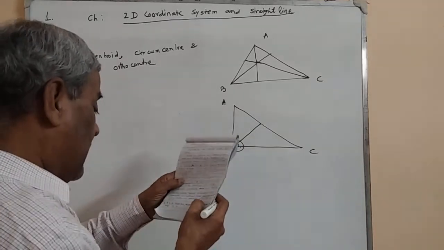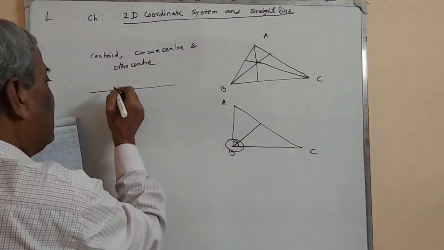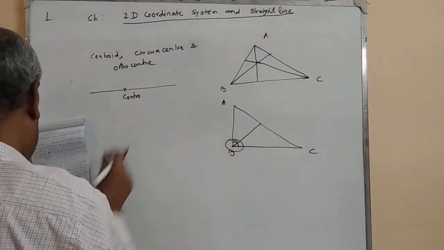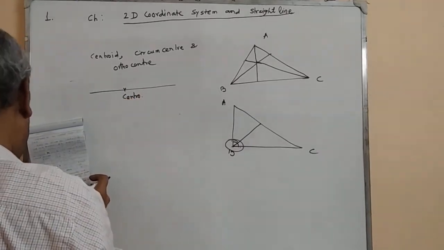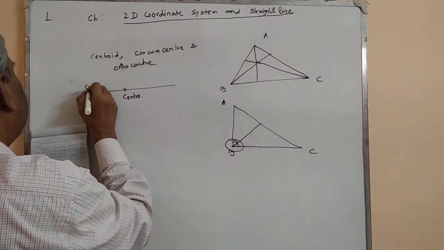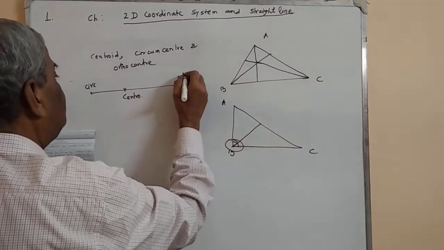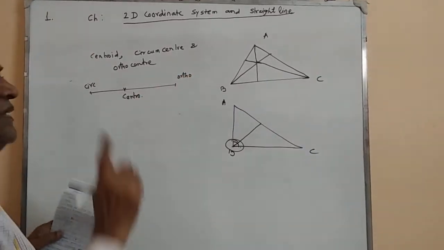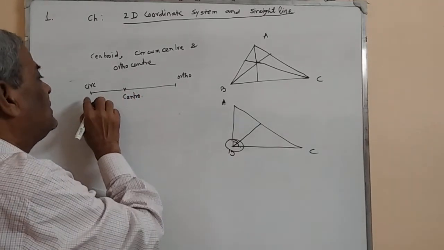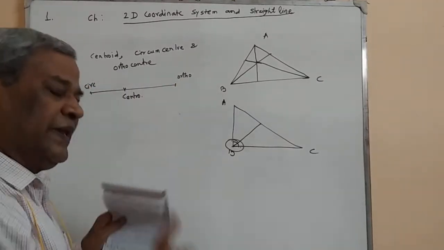And one more result is that, suppose this is the centroid, this is the circumcenter, this is the orthocenter. Suppose for a particular triangle, these 3, centroid, circumcenter and orthocenter, are collinear.